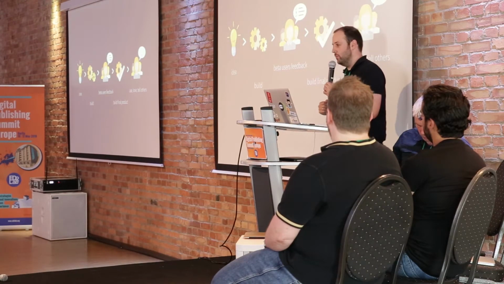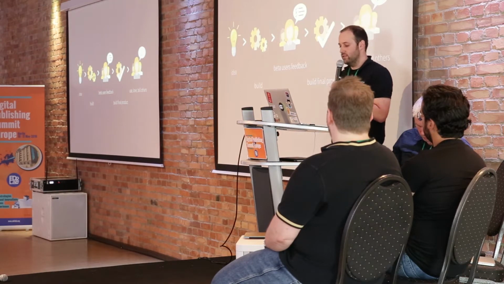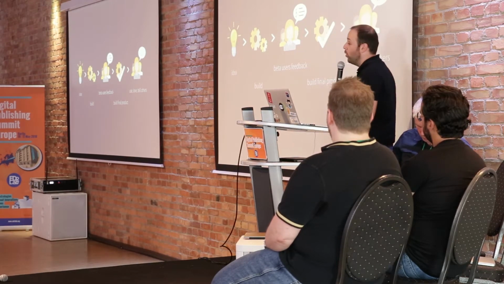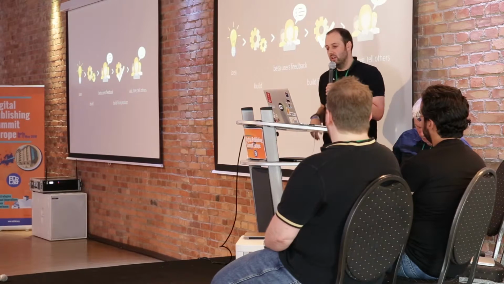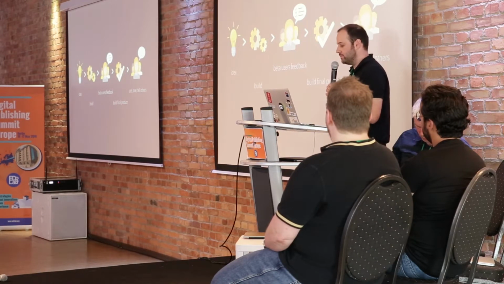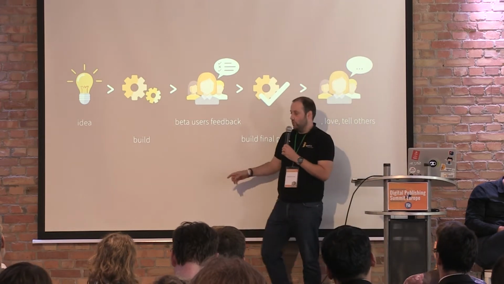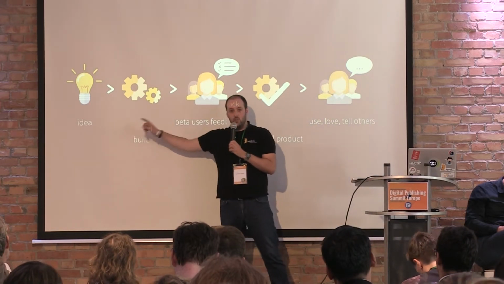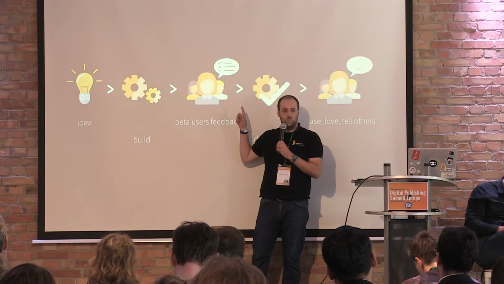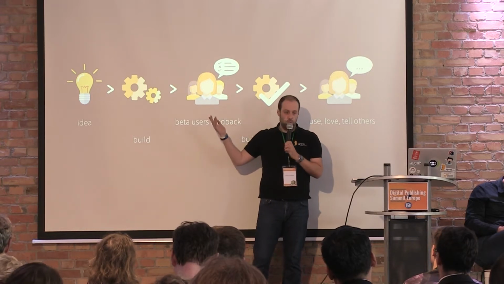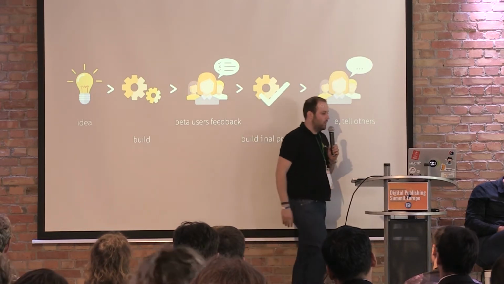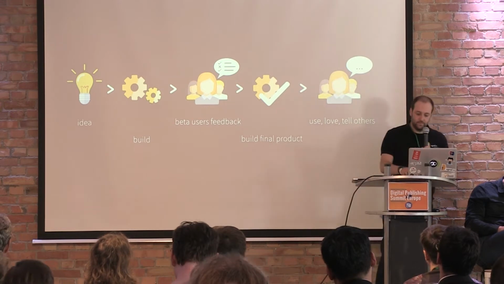They return their feedback. We build the final product and ship it to the final consumers, hoping that they will use, love, and tell others. The problem is as well, if your idea is not correct and your beta group tells you your product is just crap, I'm not using it, you wasted a lot of money.